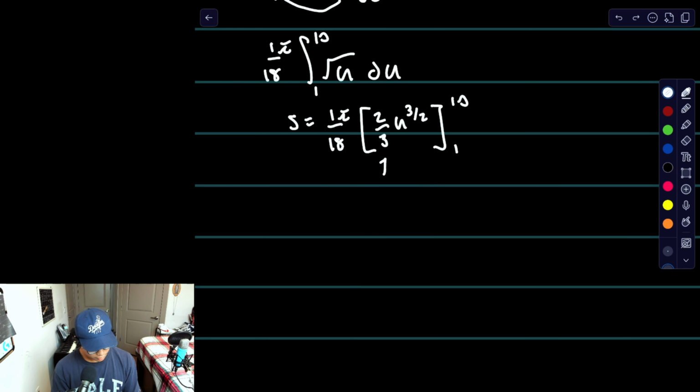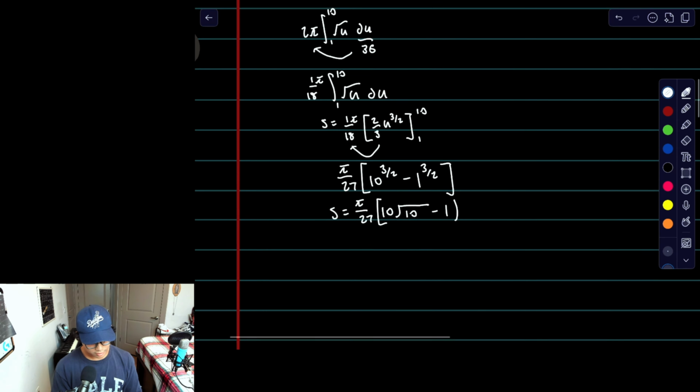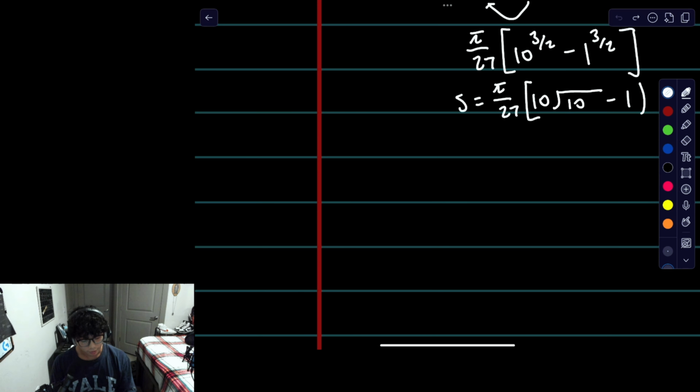Now we can multiply the constants to the outside, so we end up simplifying to pi over 27 times (10 to the 3/2 minus 1 to the 3/2), which if you want to simplify further, our surface area equals pi over 27 times (10 times the square root of 10 minus 1). And our first example is finished. I would now like you to do the second one on your own.